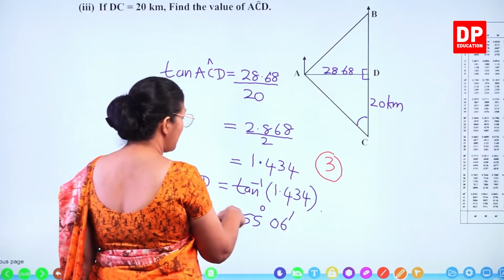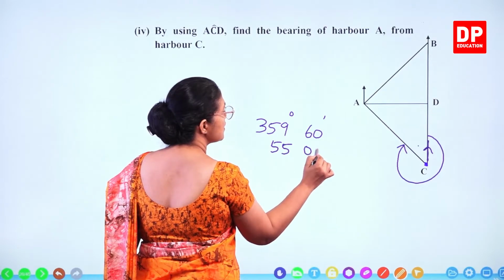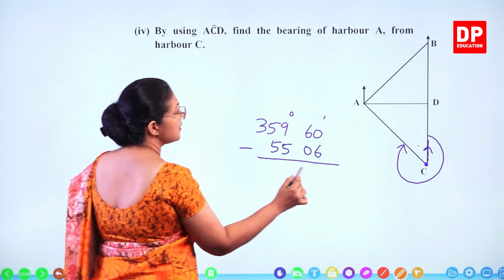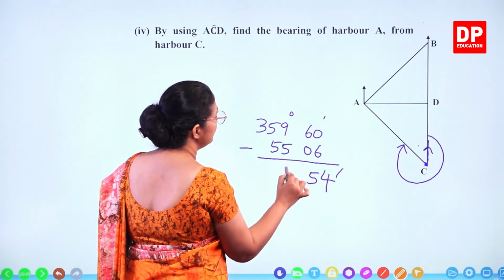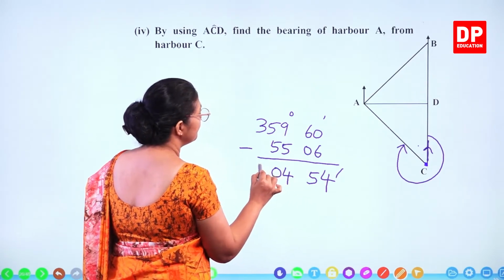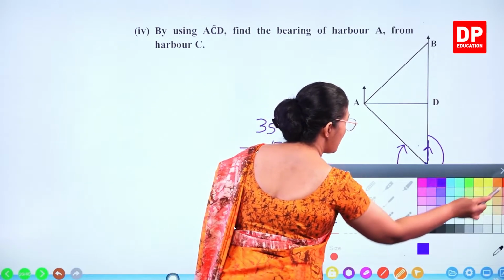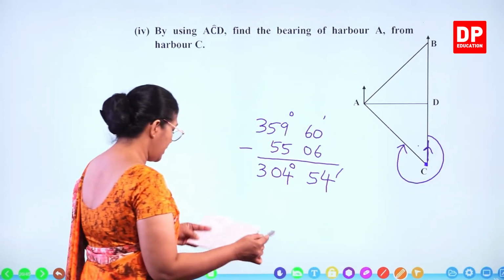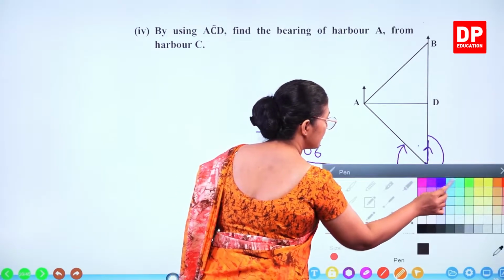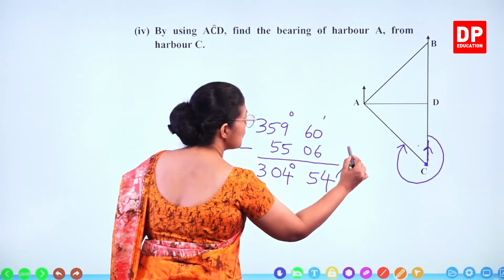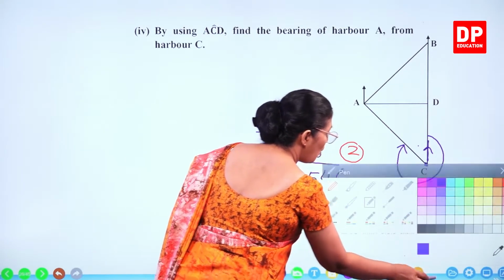So what is the angle here? 5506. So subtract 5506 from that. You get 54 minutes here, 304 degrees. So the bearing is 304 degrees and 54 minutes. 2 marks. So we gave 10 marks for the whole question.